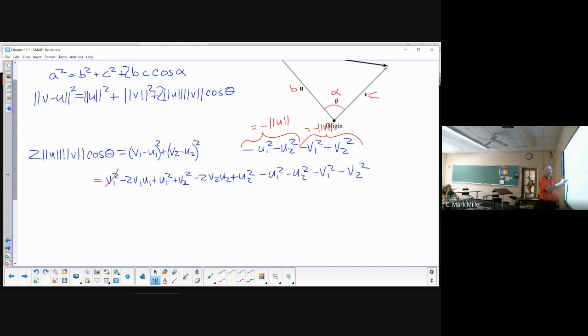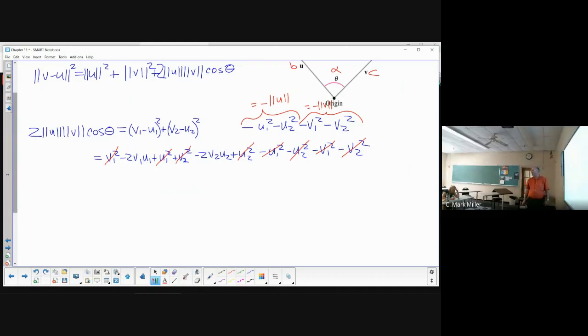But look here, v1 squared, v1 squared. v2 squared, v2 squared. u1 squared, u1 squared. u2 squared, u2 squared. We yabba dabba do, right? Because what I have left, this is 2 u v cosine theta.